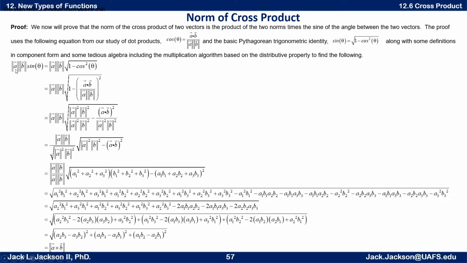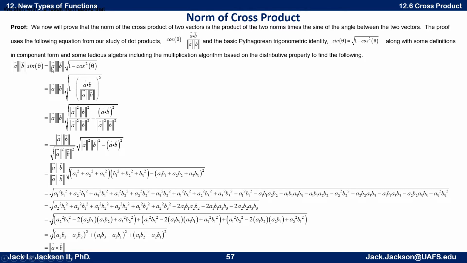So let's start with the norm of A times the norm of B times sine of theta. And this is the way they would actually have done this the first time. They wouldn't have said, oh, let's figure out this matrix thing and determinants to figure out a cross product. No, they would say, hey, we want something whose magnitude is given by this thing here. What we really want is the norm of A, norm of B times the sine of theta. What does this have to do with the components of A and B?